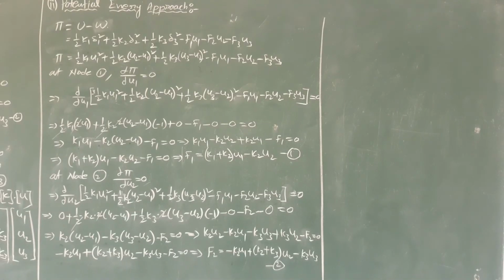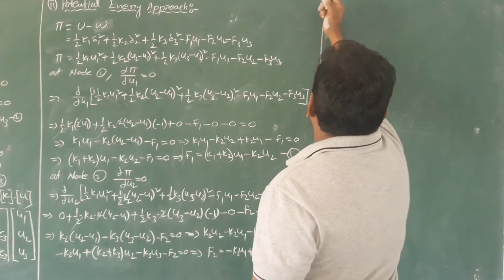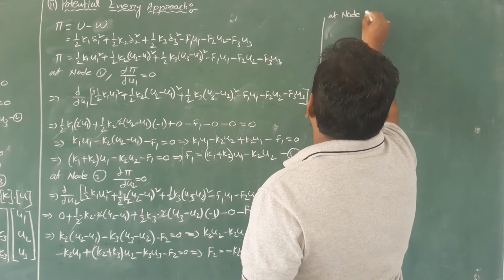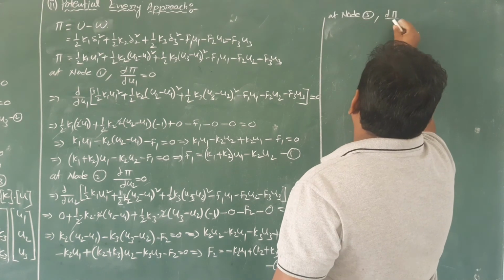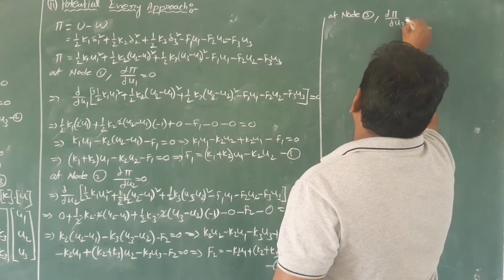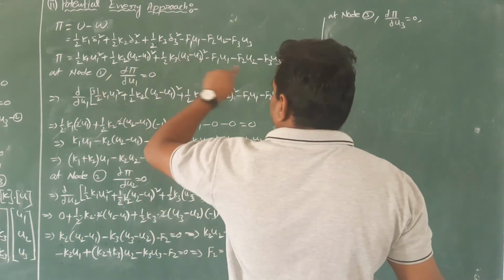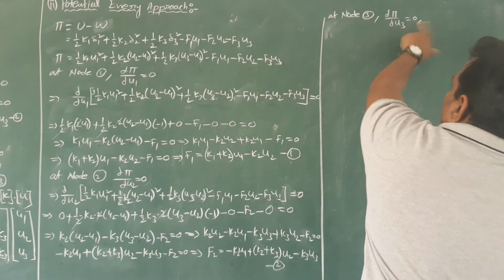Now take node 3. At node 3, dou pi by dou u3 is equal to 0. So that is, this entire equation differentiated with respect to u3 and equal to 0.